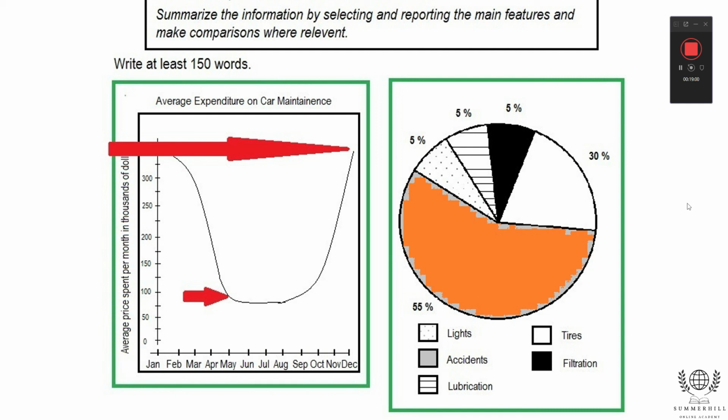All we really want is a descriptive overview of the trends that we can see. Just remembering that these graphs describe a North American town, so we don't know which North American town this is, if it's in Florida or if it's in Mexico City or if it's Calgary, right? So just looking at these trends, we can see that from November all the way to February, that's where we get the most amount of repair costs or maintenance costs for automobiles, and we can see that accidents are the main source.